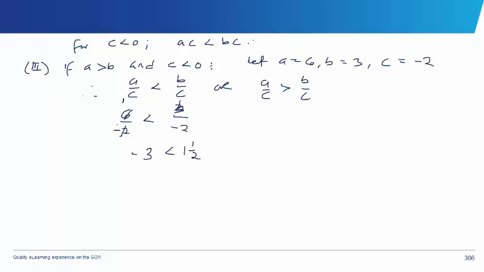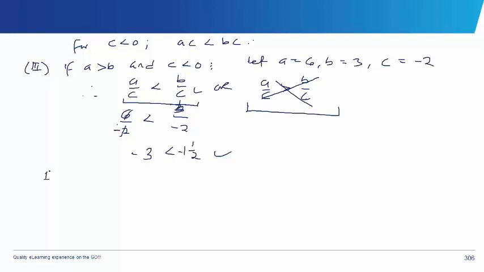Observe this very well. You find out that the lesser the negative real number, the lesser the value. So minus 3 is less than minus 1 and a half, so we take this, but the original sign does not apply. All we are saying is that when a negative number divides both sides, the sign changes.